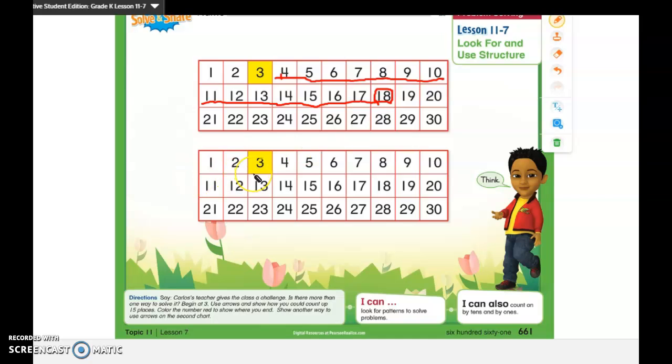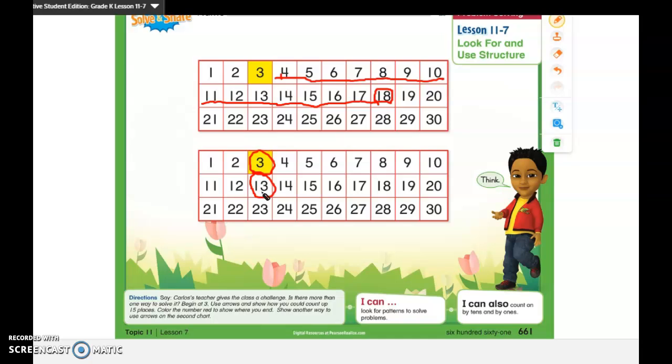Now, I could also say, I start here, right? If I go down, how many did I go? How many more? I went 1, 2, 3, 4, 5, 6, 7, 8, 9, 10. When I go down, I'm going up by a group of 10.